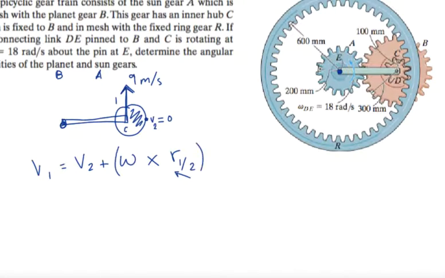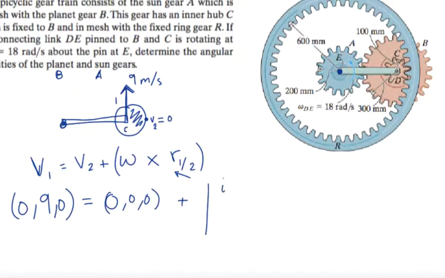What is V1? V1 is, we called it 9 meters per second, and it's going upwards, so that is a vector of 0, 9, 0, remember i, j, k, is equal to V2, which is just a 0 vector, plus the cross product of omega cross that position vector.